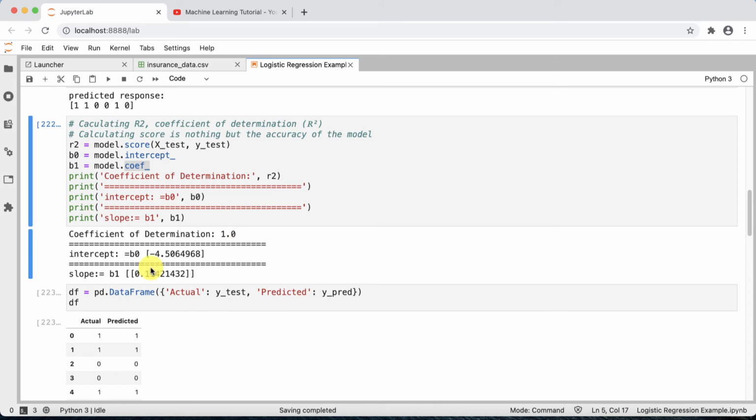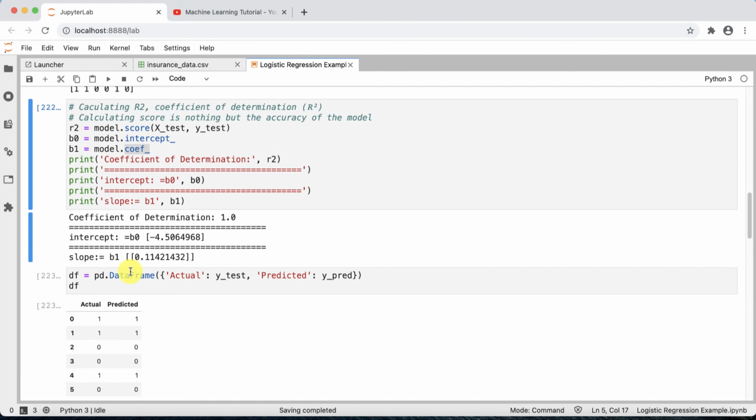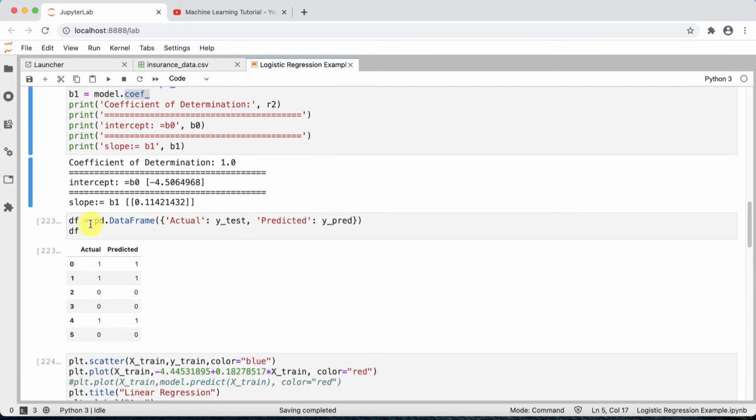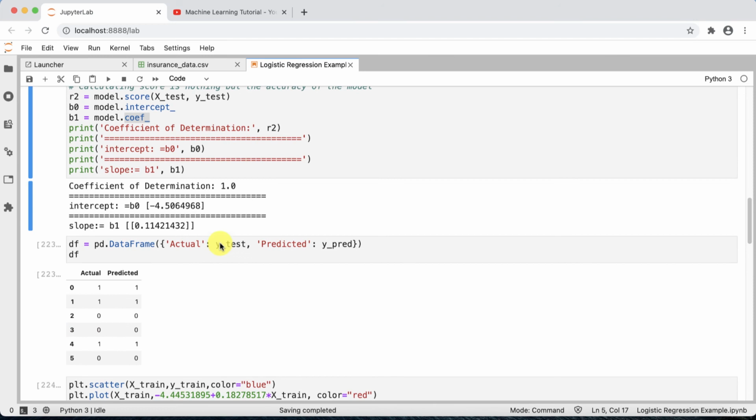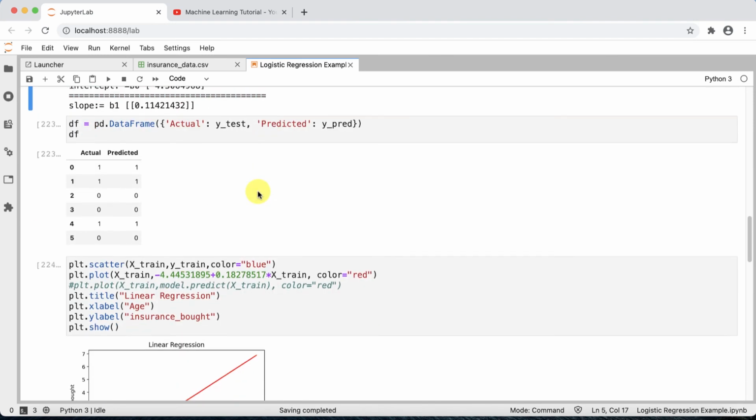So whatever values my model has predicted, all the values are 100% accurate, right? Here is my slope and coefficient value. Here again you can see, if I want to display the actual value and predicted value, then both are the same, right? So that's why my model is 100% accurate.